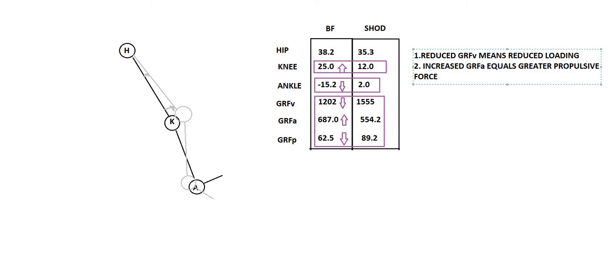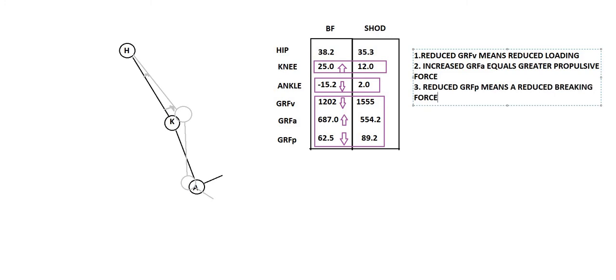So again, conversely, a reduction in the posterior ground reaction force means a reduced braking force. So this is what would slow you down.